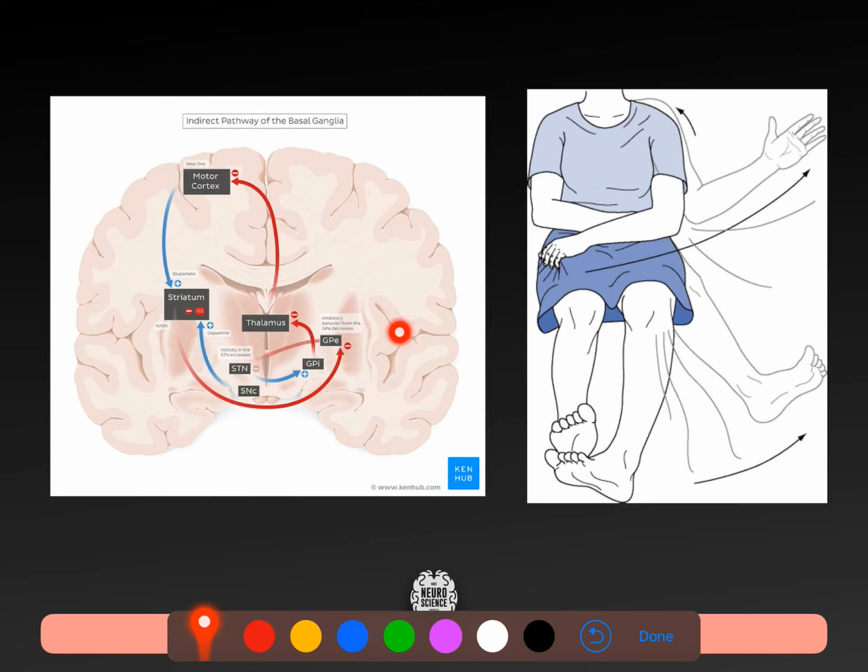So here's the indirect pathway, a little summary of them. And remember, if the subthalamic nucleus is knocked out, the consequence is that the subthalamic nucleus cannot be the handbrake for the thalamus. The whole point of the basal ganglia is to modulate and fine-tune movement. The dumb primary motor cortex wants to fire but sends a collateral to the putamen saying, can I fire?